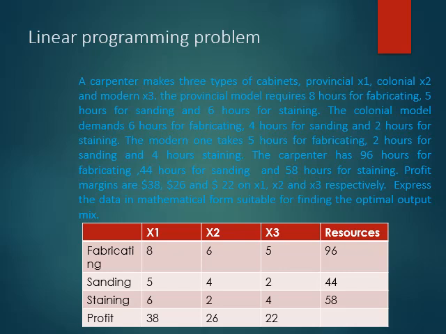Now, the available time for producing a certain quantity of X1, X2, and X3 at the first stage of fabrication is 96 hours. The total time for sanding is 44 hours, and the total time of staining is 58 hours.